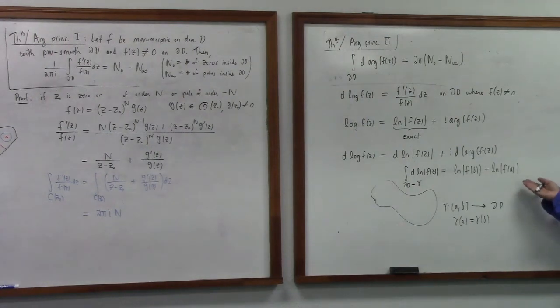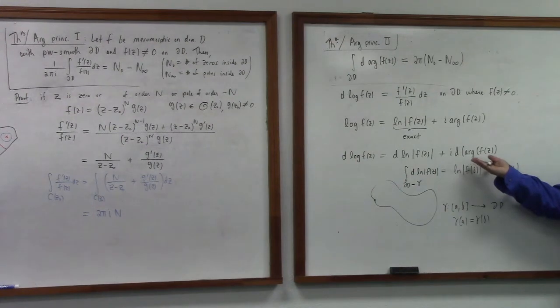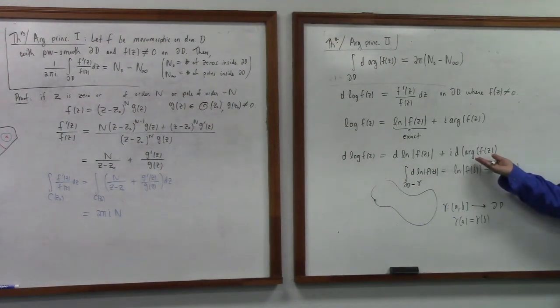I cannot make it a continuous assignment of the argument in general, unless I'm confined to a slit complex plane where I know the slit is that branch cut where I'm not going across it, right?